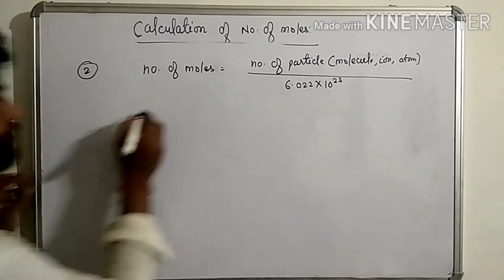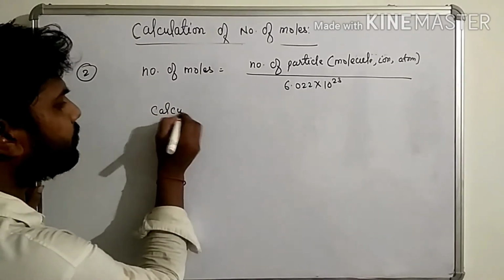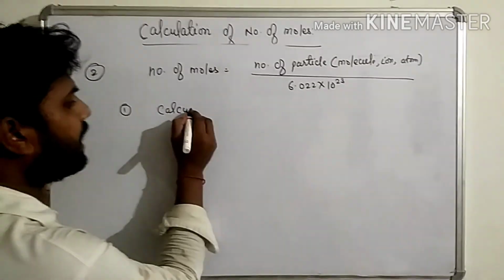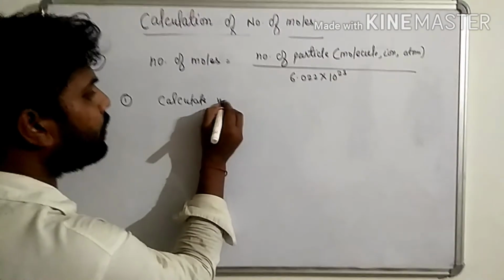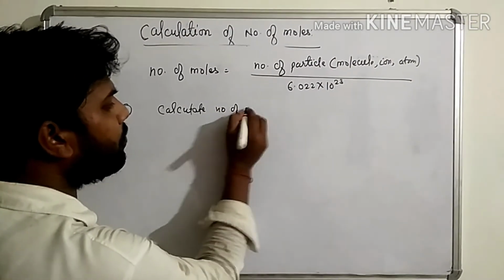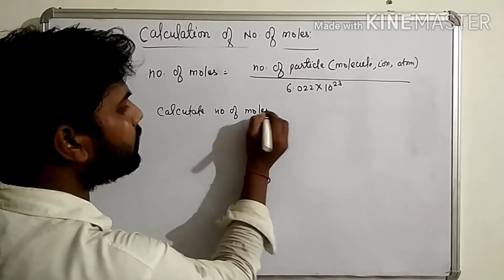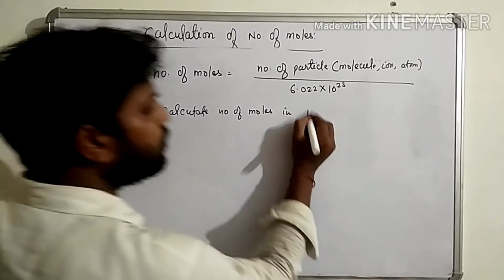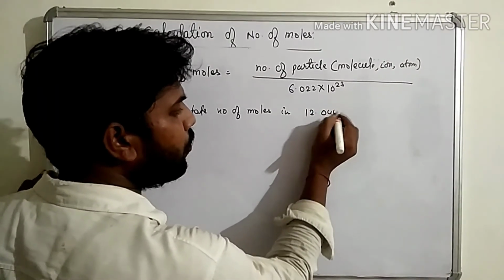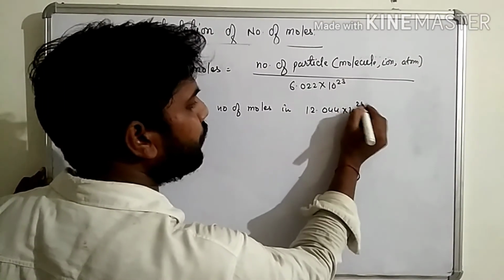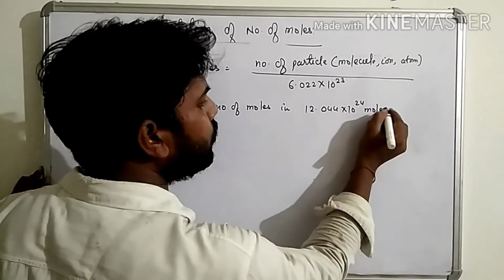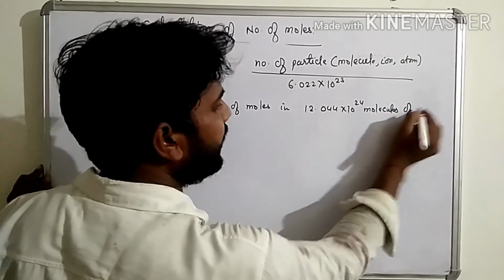Okay, for example, calculate number of moles in 12.044 10 to the power 24 molecules of methane.